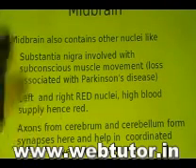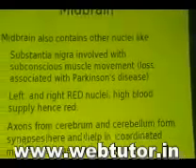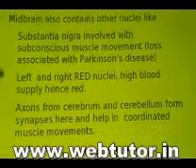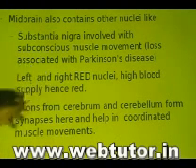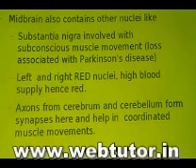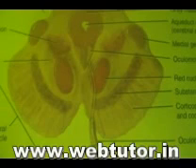We'll see all of these in the transverse section. Axons from the cerebrum and cerebellum form synapses in the red nuclei and help in coordinated muscle movements. If you see that transverse diagram, this is your red nuclei, these are your substantia nigra. Is that clear?